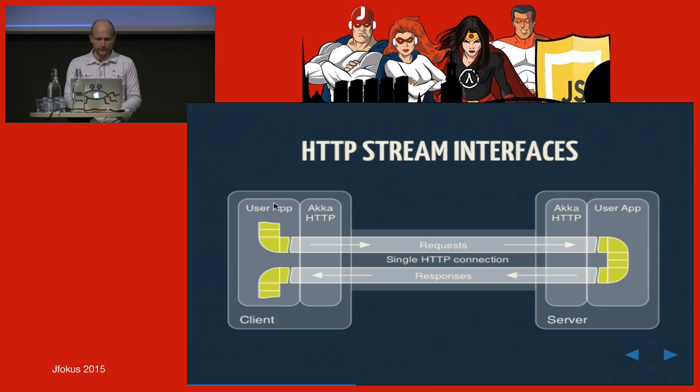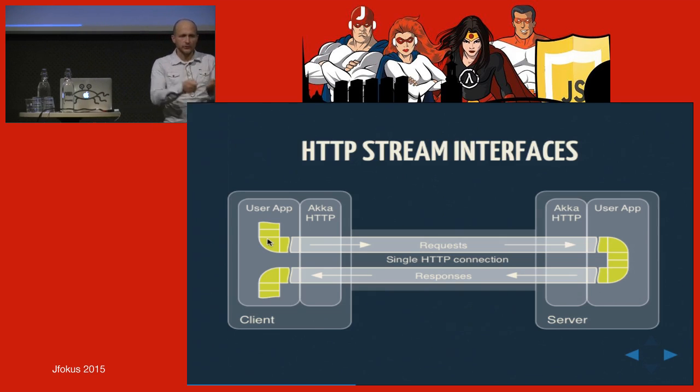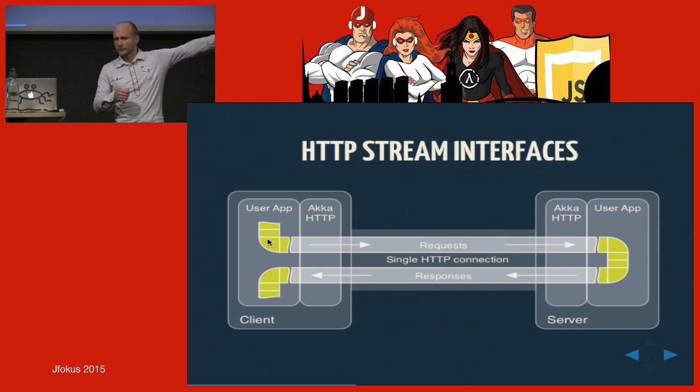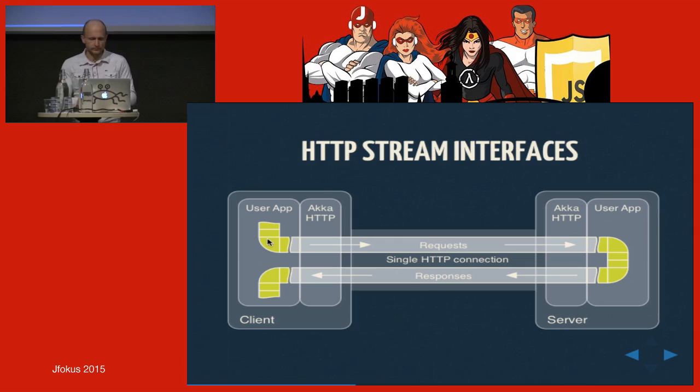Let's look at the client. Suppose you have a processing pipeline that you define in streams. You don't have to, but that's the general case, where you have a streamed kind of processing where you say, first I get my employees, I turn them into something, then I turn them into HTTP requests, send them off to some server, and I get back the response, and then I continue working with the response.